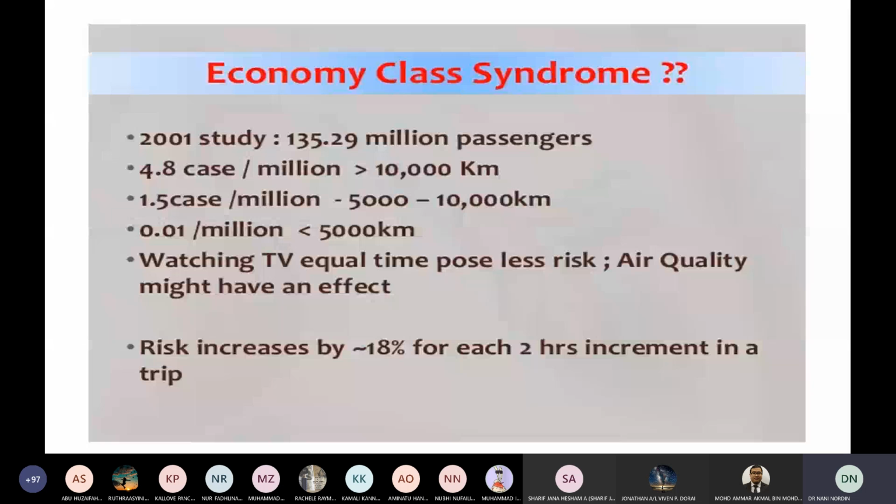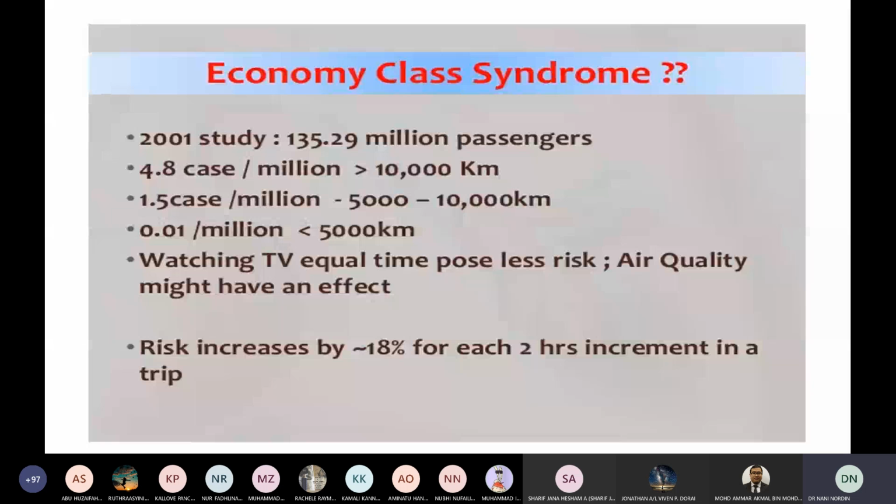So they found that probably the change in air quality puts travelers at a higher risk. So it's probably not only because of immobilization, it's also because of the air quality environment when you fly that contributes to it. This is just for info.